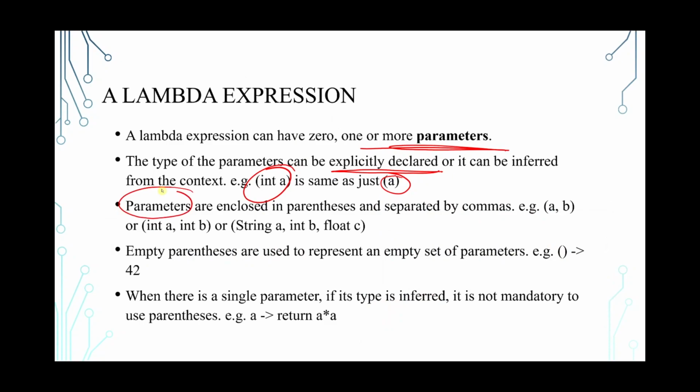So parameters are enclosed in parentheses and separated by commas, like this, if they can be inferred automatically, or int a, int b if they cannot be inferred automatically. String a, int b, float c if we have different types.